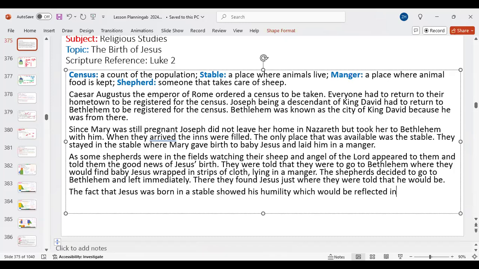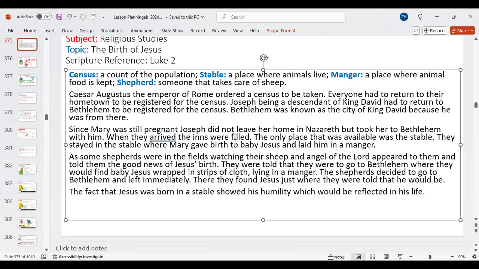Excuse me, Mr. Petit. You are missing a word in one of the beginning lines. You say a descendant of King David had to return. Joseph being the descendant of King David had to return to Bethlehem to be registered for the census. After that, Bethlehem was known as the city of King David because he was from there.